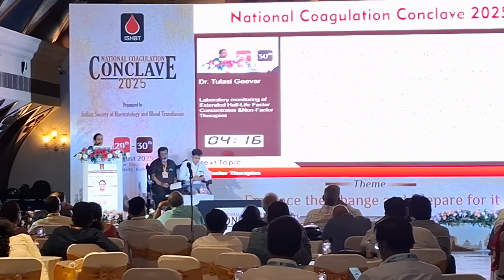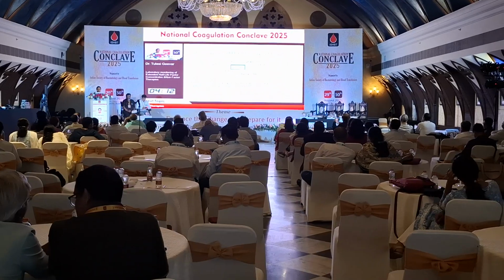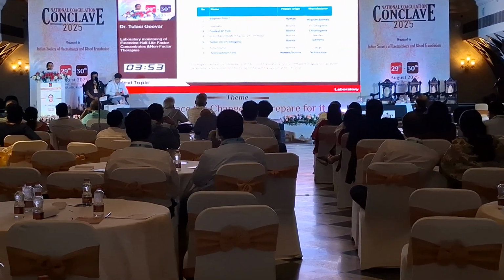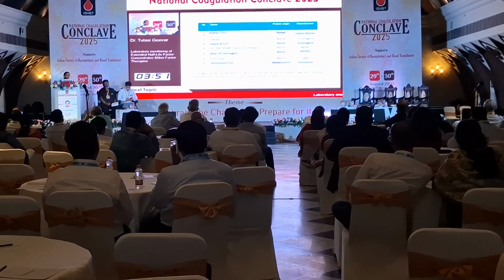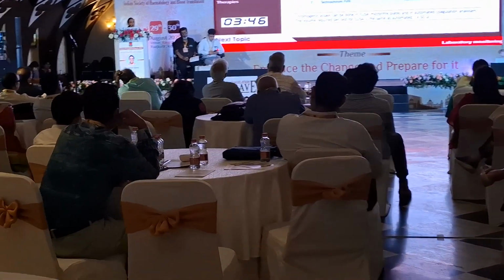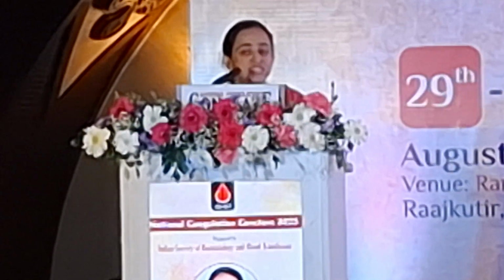So what can you do to monitor emicizumab? You can use a chromogenic assay. In the reagents you have factor IX and factor X. Now this can be of human origin or of bovine origin. The first one, which is the chromogenic kit from Hyphen Biomed, is distinct from the others because it is purely made of human derived factor IX and factor X. So this chromogenic kit will be able to detect the emicizumab effect.